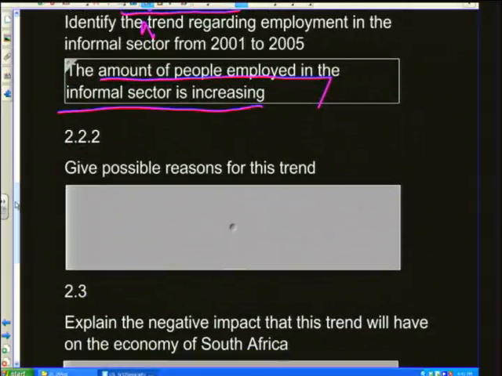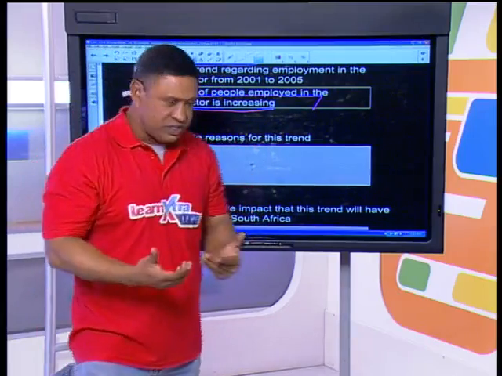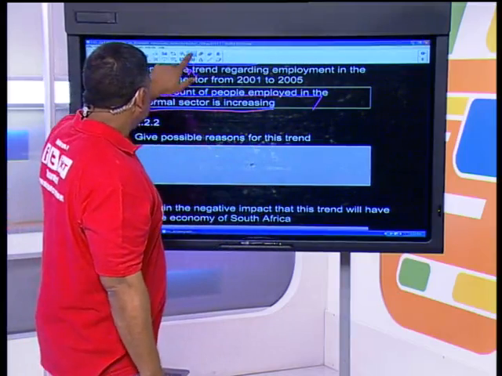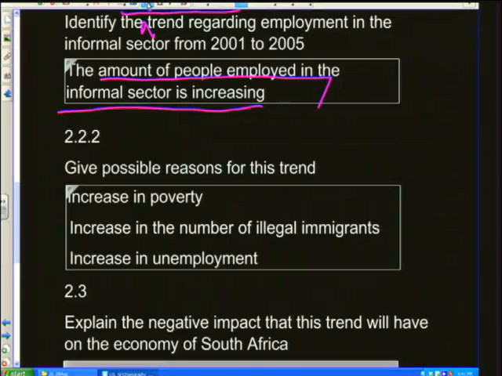All right, we look at possible reasons. Why is it increasing? Now what we do with this type of question, we can't just take it straight from our notes. We have to select what is appropriate. This is a little higher order question now. Not difficult, obviously. And if you look at it down here, simple stuff. All right, increase in poverty. That's one of the reasons.